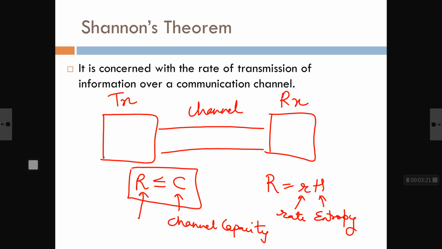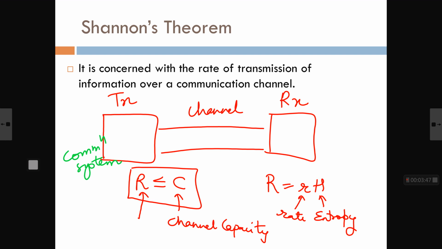Now, this is what Shannon, who is also called the father of information theory, proposed as this theorem, and he said that if R is less than or equal to C, it is possible for us to have a communication system which will transmit the information with a very small probability of error.